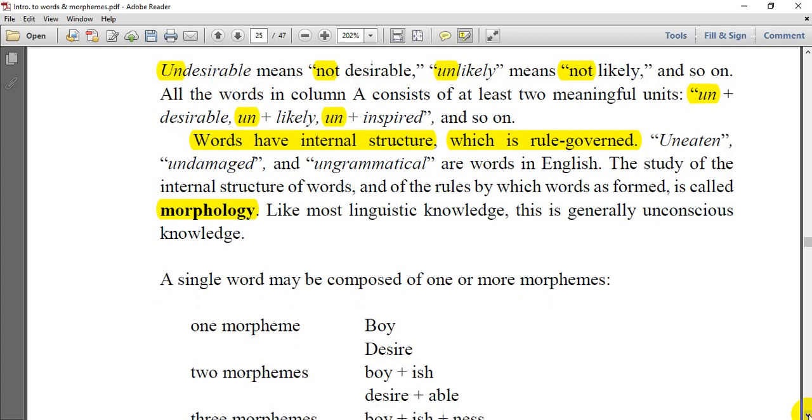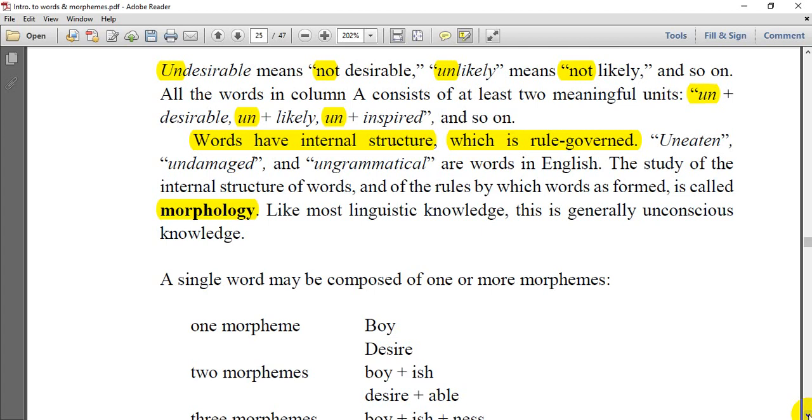So morphology is the study of word structure. It is the science of the smallest grammatical units of any language and of their formation into words, including inflection, derivation, and composition.